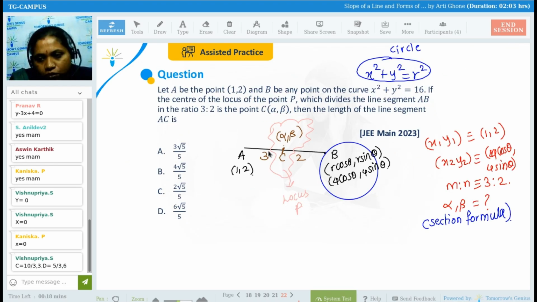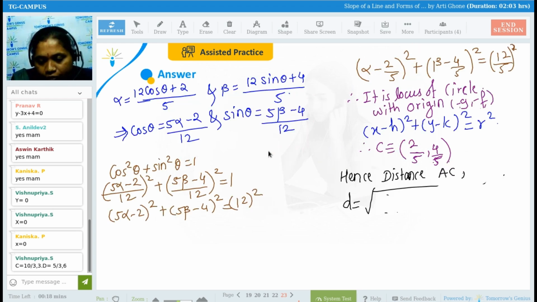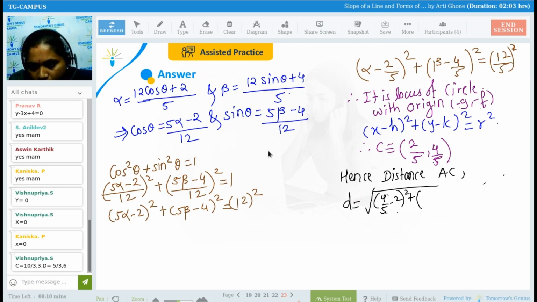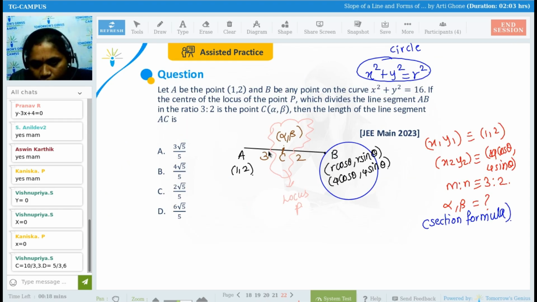Y2 minus Y1. So it is 4 by 5 minus 2. X2 minus X1 whole square. So it is 2 by 5 minus 1.